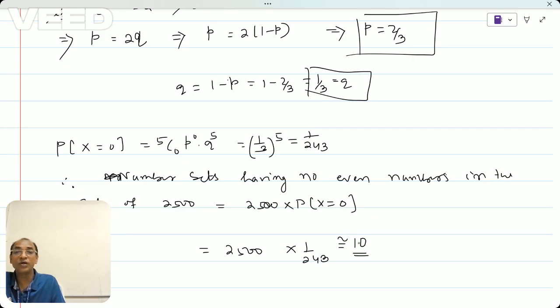So there are 10 sets where we will have no even numbers.